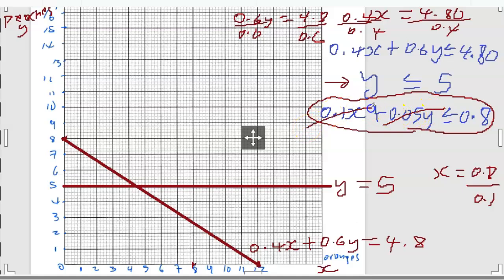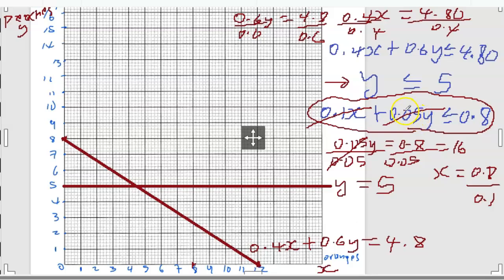Next, to know where the graph cuts the y-axis, we equate the x to 0, and we'll be left with 0.05y equal 0.8. Divide both sides by 0.05. We end up with y is equal to 0.8 divided by 0.05.